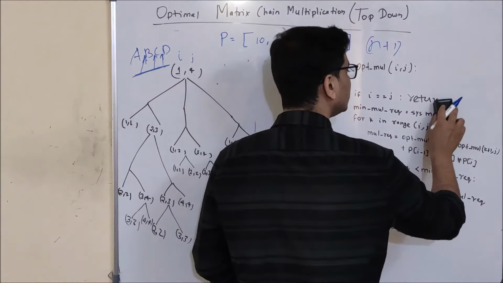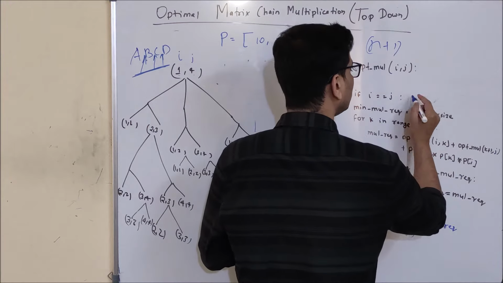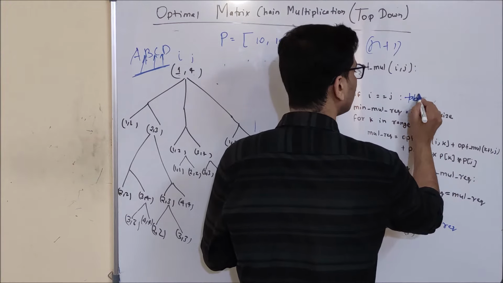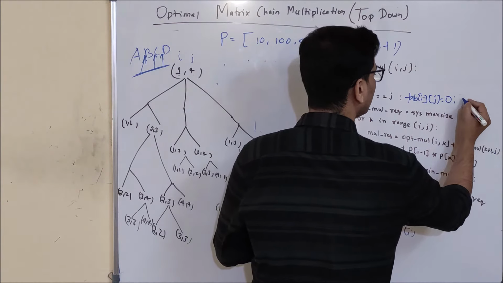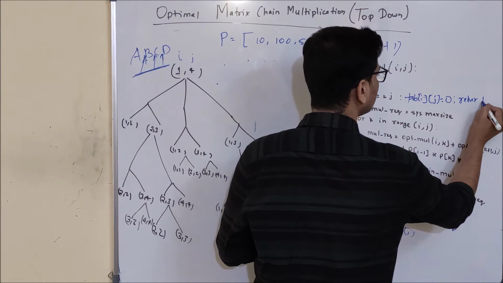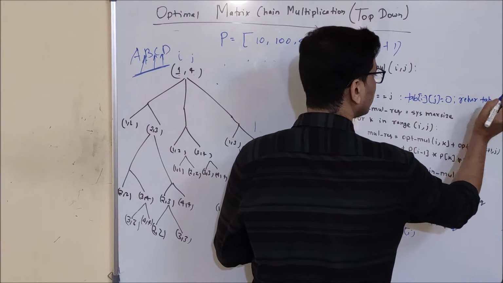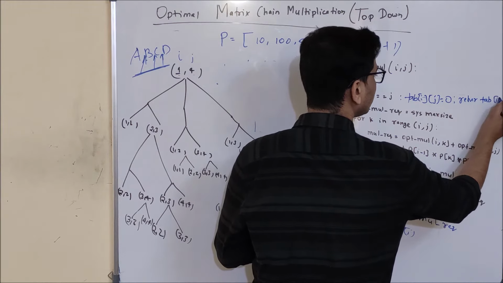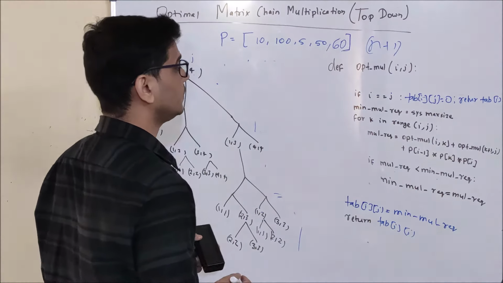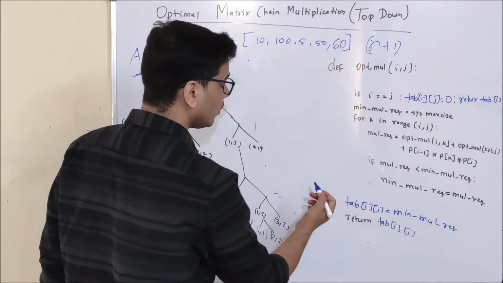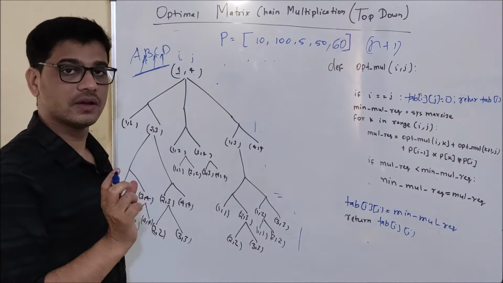And here also I am returning, so I will set tab of i j equal to 0, and after that I will return. You can return 0 also, or you can return tab of i j, doesn't matter. So these are the two return changes.